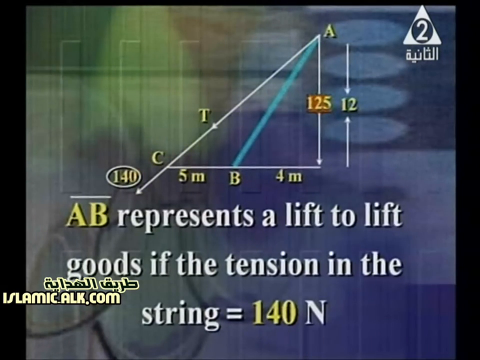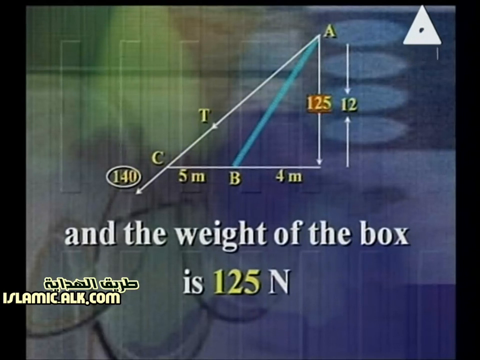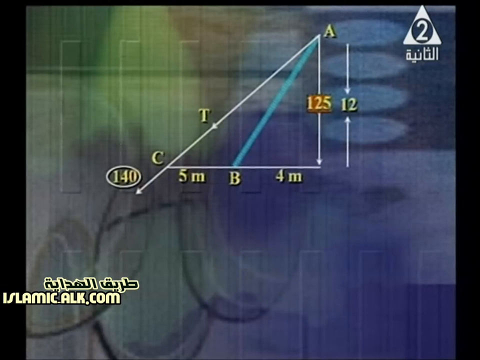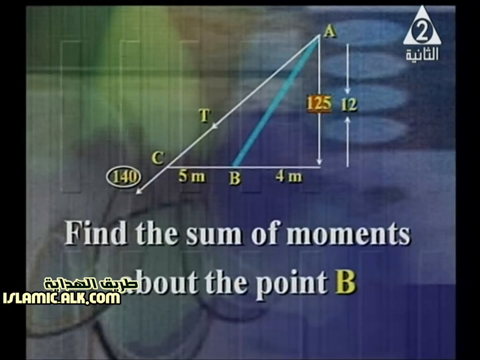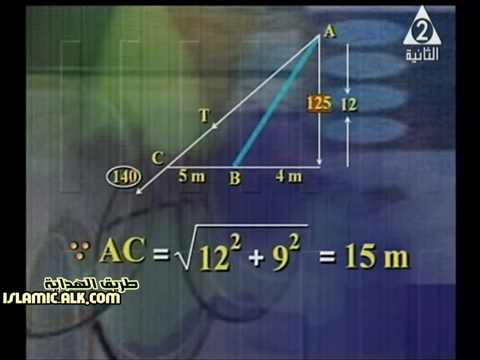If the tension in the string is 140 Newton and the weight of the box is 125 Newton, find the sum of moments about point B. Remember, dear student, we have AC by the Pythagorean theorem: 12 squared plus 9 squared equals 15, the length of AC.